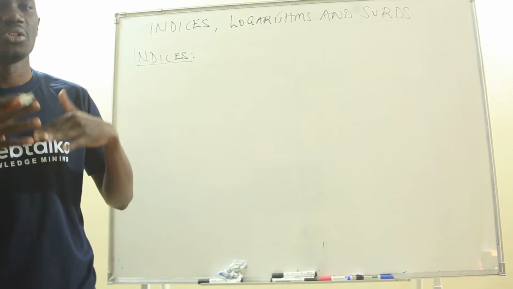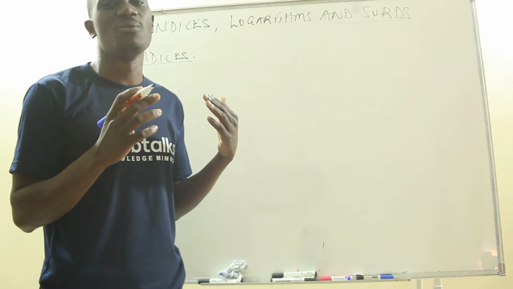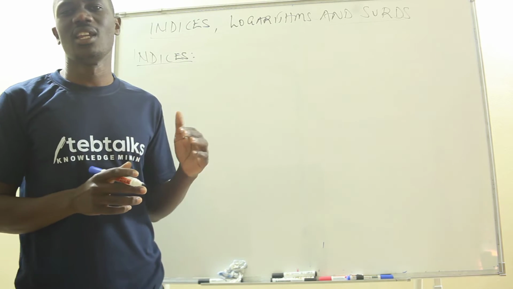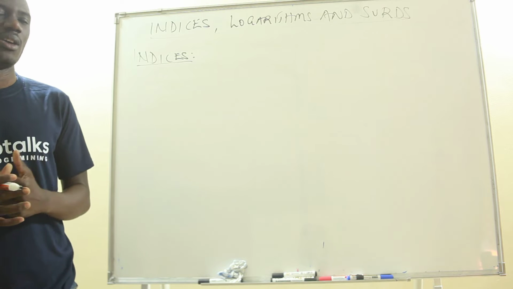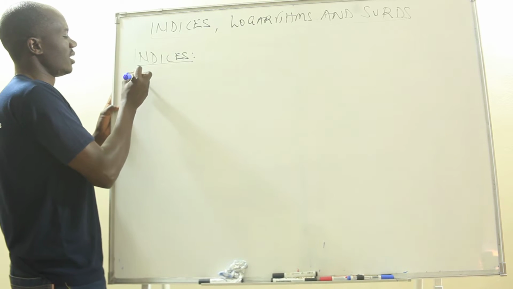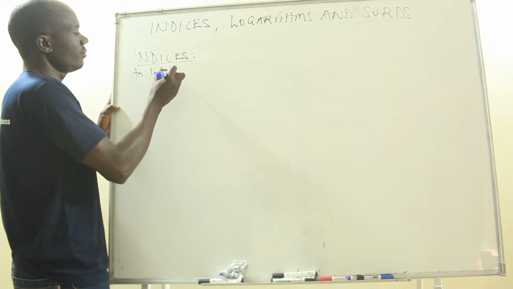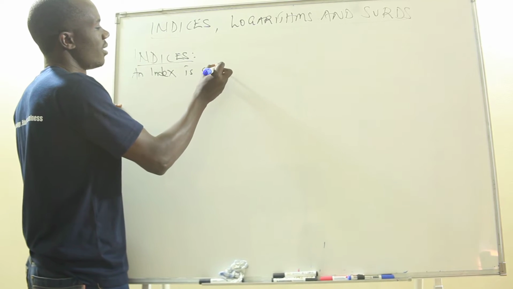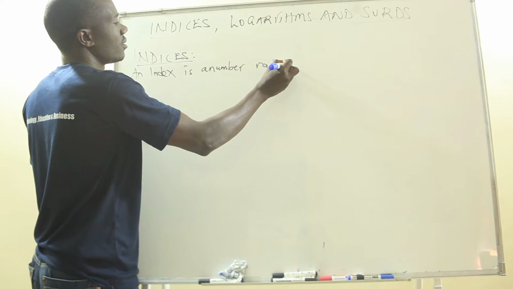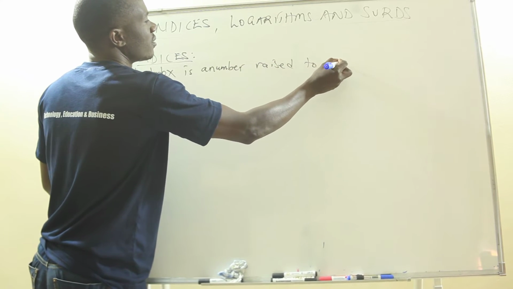It can be 2 power 3, 2 power negative 4, a power 1, a power 5. Any number which is being raised to any power, we term as indices. So we can say an index is a number raised to any power.